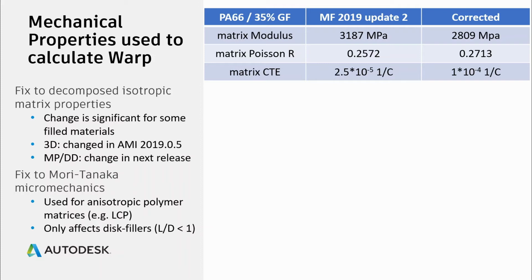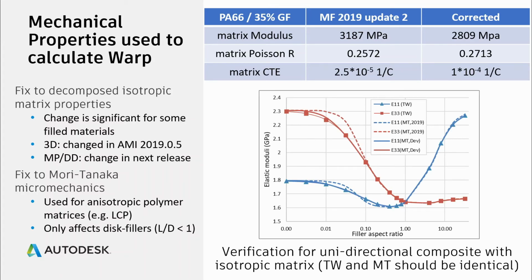What we had realized was that the accuracy of the Mori-Tanaka calculation could be improved for cases where the aspect ratio was less than 1. As an example and a comparison here, we're showing a verification done comparing the numerical micromechanics values of modulus from the Tandon-Weng model and the Mori-Tanaka model.